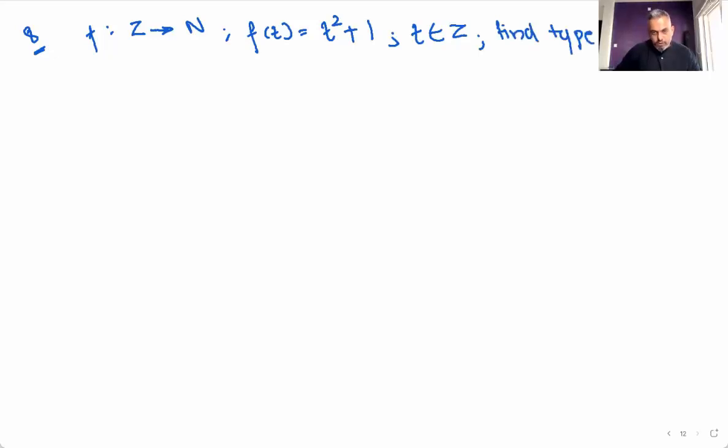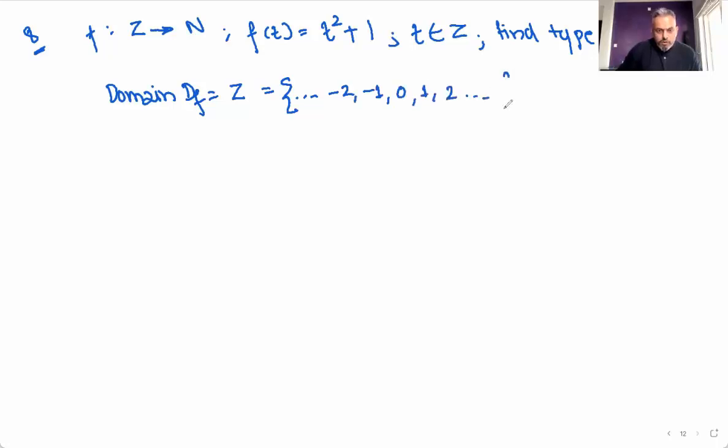You all also write the question. So let's first write what is the domain. It is equal to z, which will be equal to -2, -1, 0, 1, 2, on and on, because what is z? Z is a set of integers, positive and negative integers.